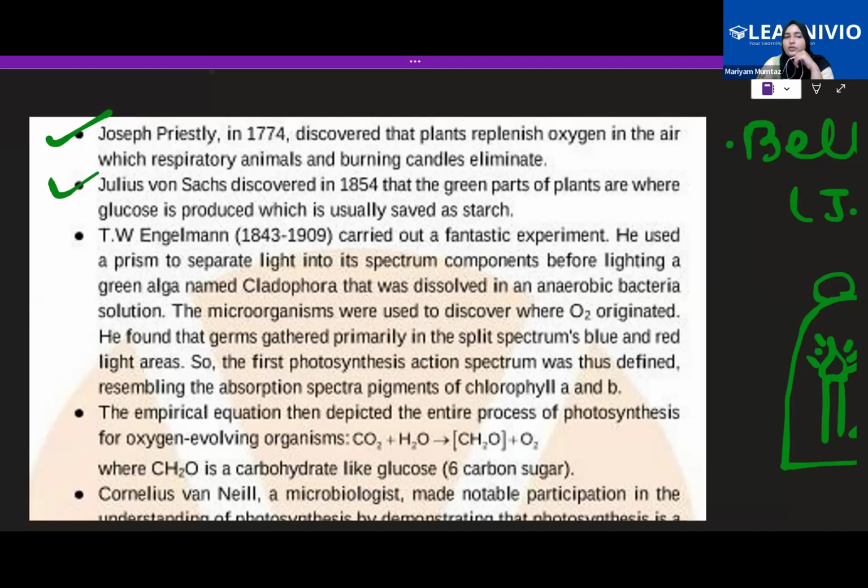Then T.W. Engelmann, from the year 1843 to 1909, carried out a fantastic experiment. Imagine, his experiment lasted so long.